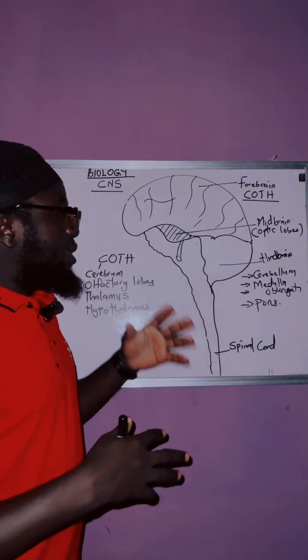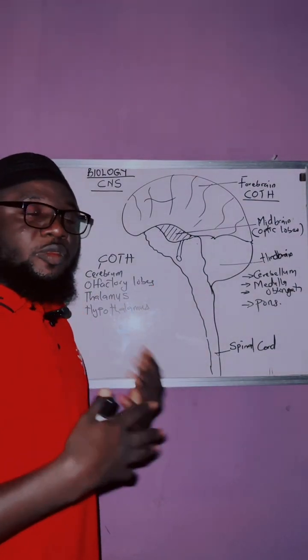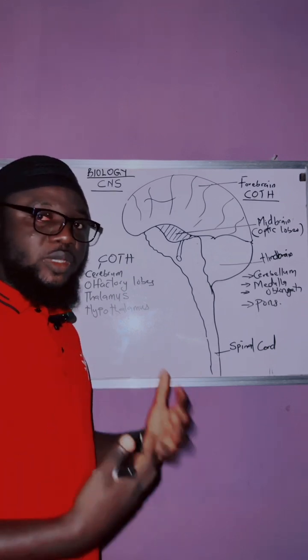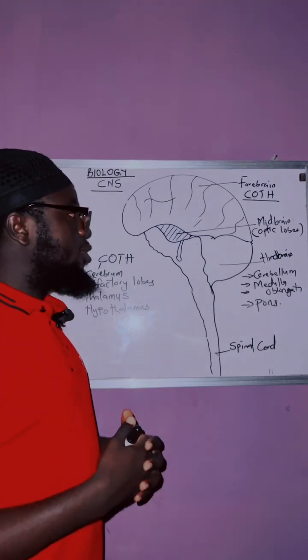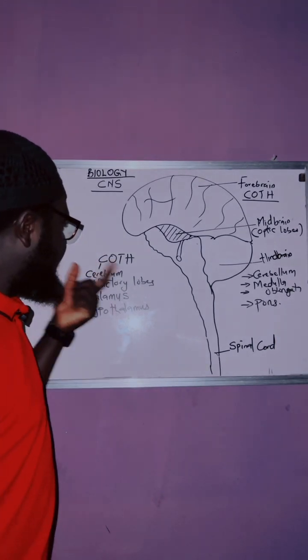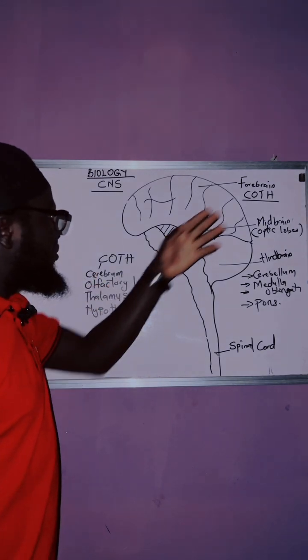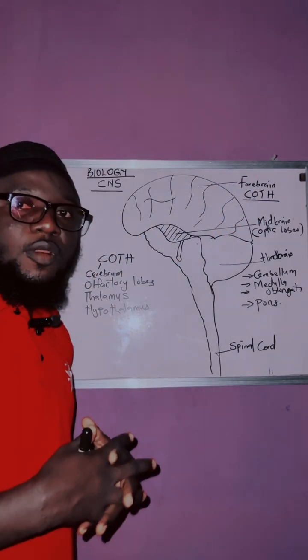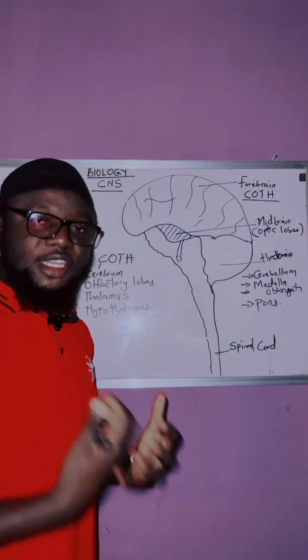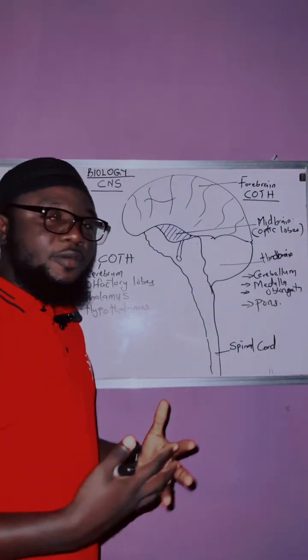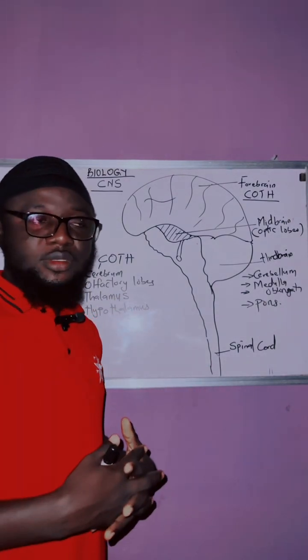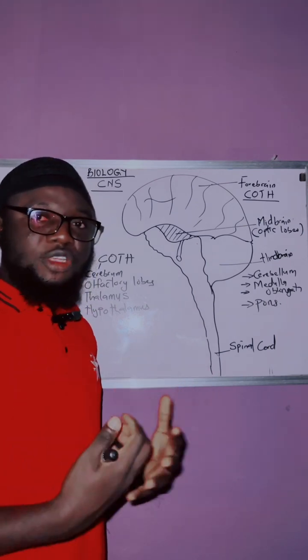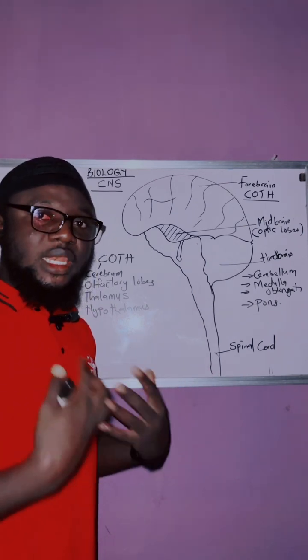Now, the next thing is that we are going to talk about the function of each constituent of the brain part. The first one is the cerebrum from the forebrain, and this cerebrum is the site for conscious actions, the site for voluntary actions. Voluntary actions are things that you do willingly, at your will.